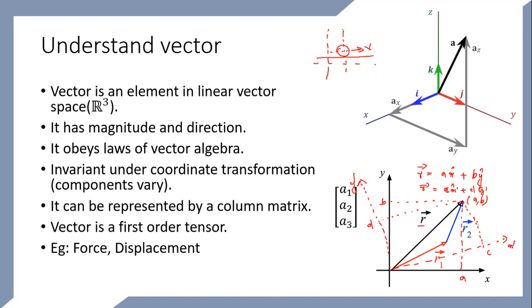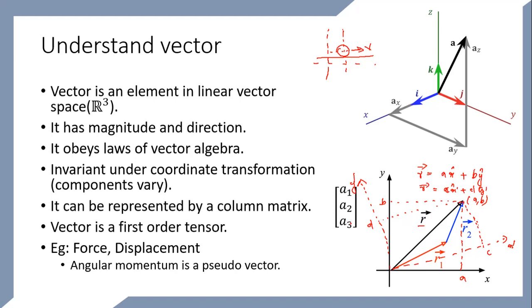Examples of vectors include force and displacement. As we know, force is represented in the linear vector space of force itself. Displacement is represented in the linear vector space of displacement. That is the real linear vector space we use, x, y, z space with our basis vectors i, j, k.